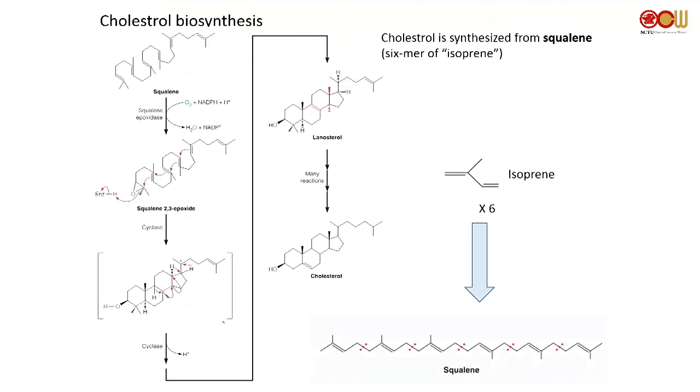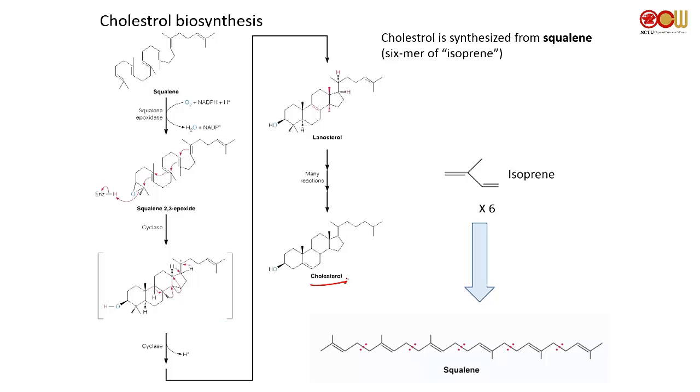Cholesterol biosynthesis. Now I want you to understand how you make cholesterol. Obviously cholesterol is important because it's used to make hormones, bile acids, and so on. Now let's take a look at how you make cholesterol. Cholesterol is essentially made from this thing called squalene through these reactions, which you don't have to remember, but just understand that you start with squalene.